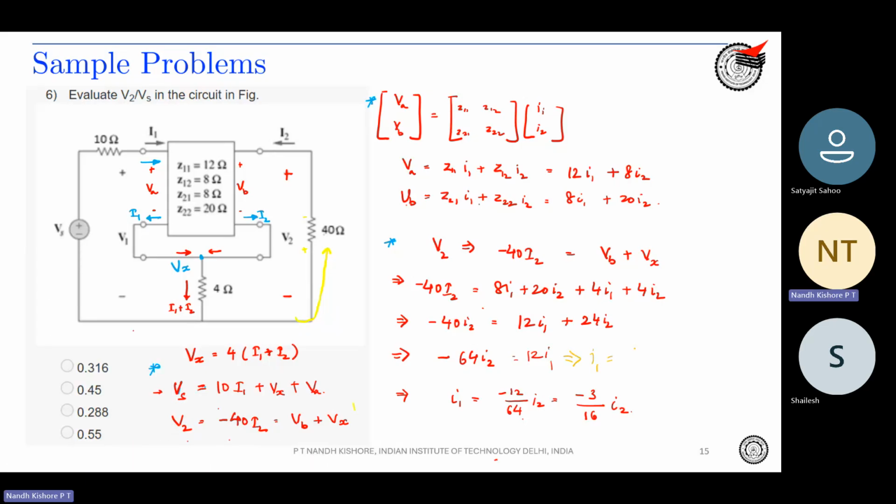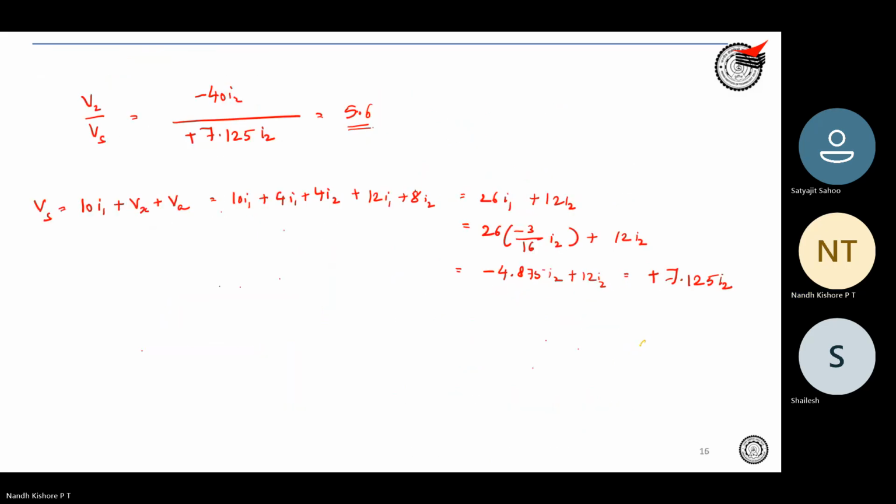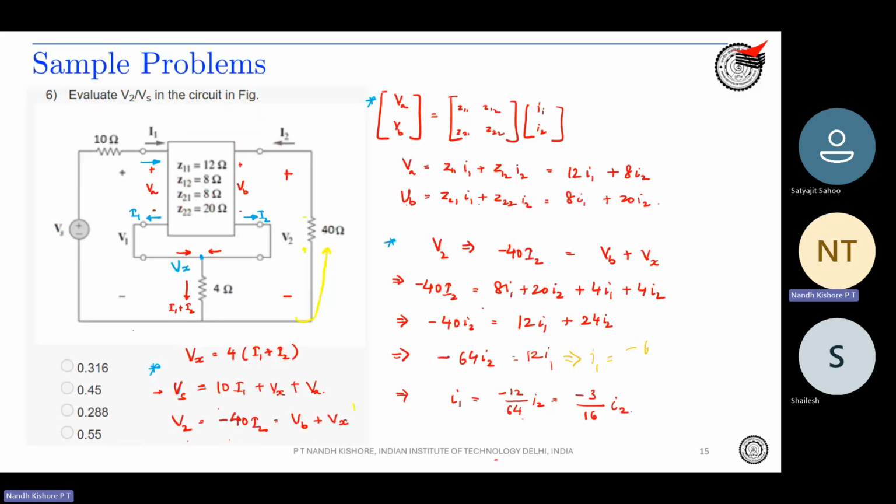What is I1? I1 is equal to minus 64 by 12 I2. We have written the inverse. Got it, sir.